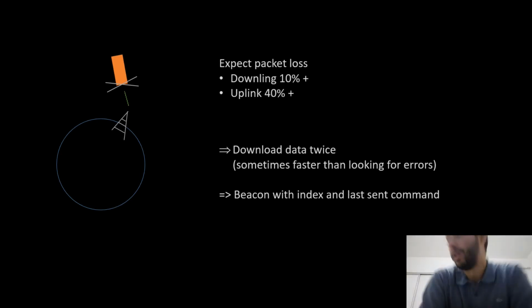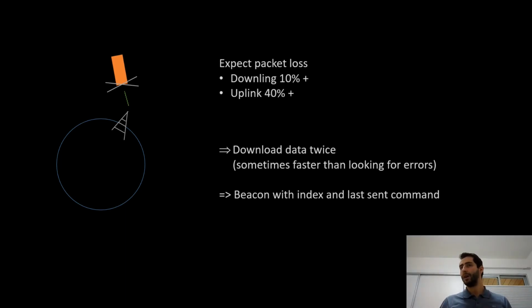Since beacon data is so small, a 10-second interval is okay for retrieving communication errors from the ground. So that's an idea to minimize, not to solve, the packet loss problem.